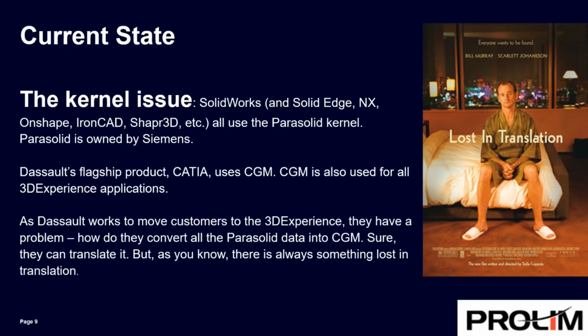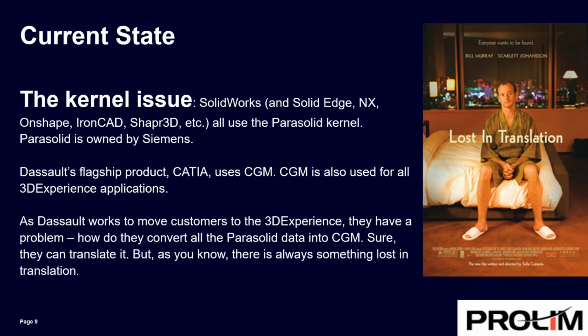SolidWorks actually being one of Siemens' biggest customers, Dassault's flagship product, CATIA, uses what's called the CGM, or Convergent Geometric Modeling, kernel. This kernel handles the core geometric and topological operations for creating and manipulating 3D models in CATIA. That CGM kernel is also used in all of the new Dassault 3DEXPERIENCE applications.